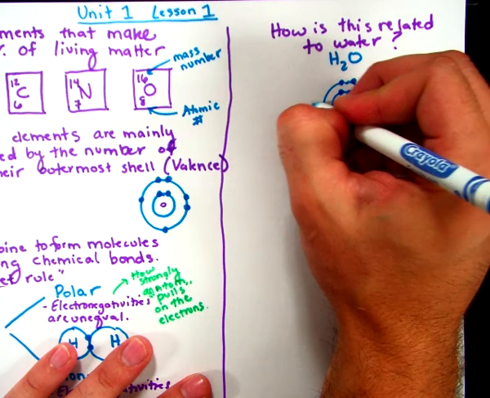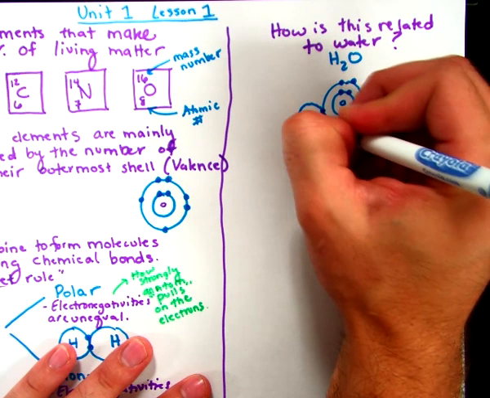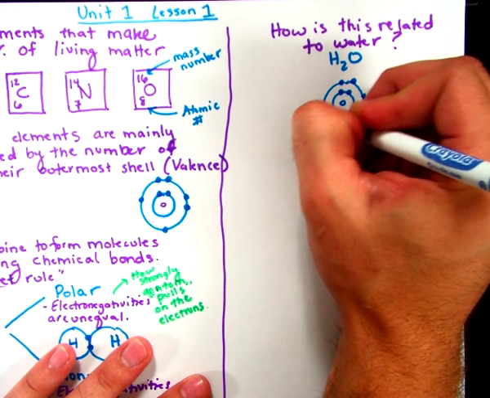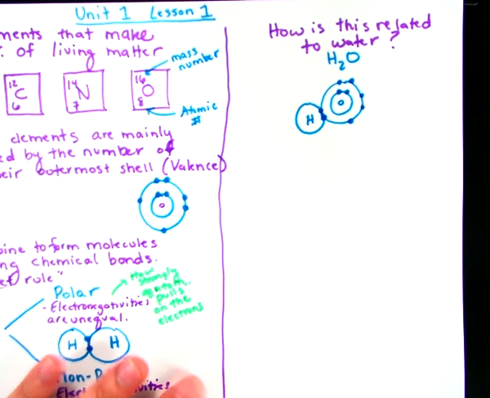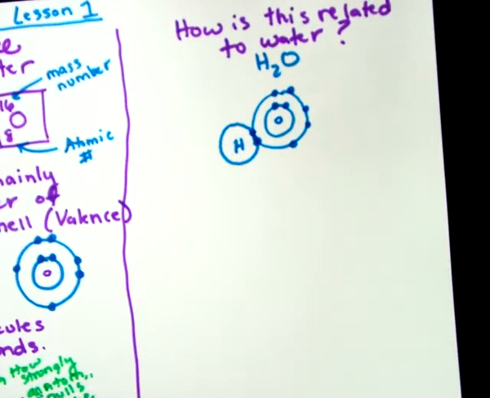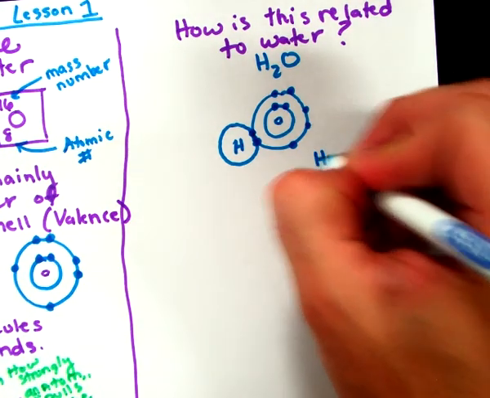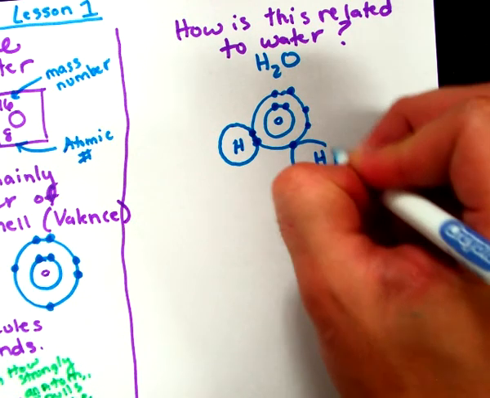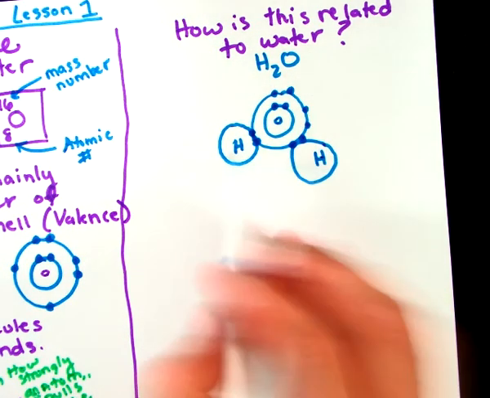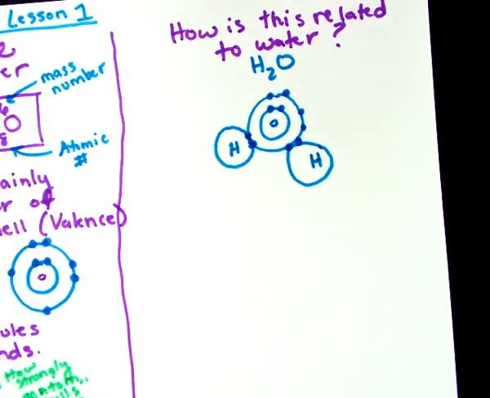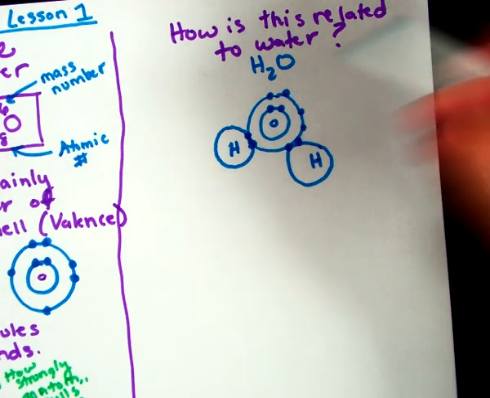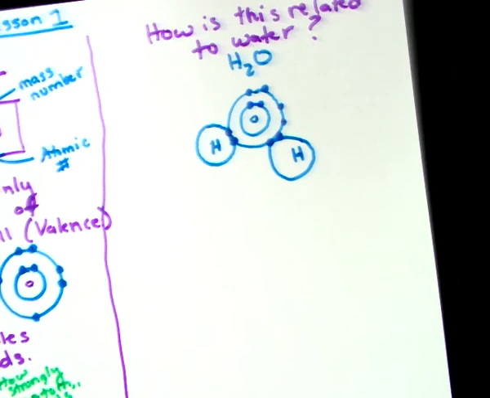It's going to form 2 single covalent bonds with hydrogen. So we see now both hydrogens and the oxygen have full outer shells. So oxygen has a total of 8. Hydrogen has a total of 2 in its inner ring.